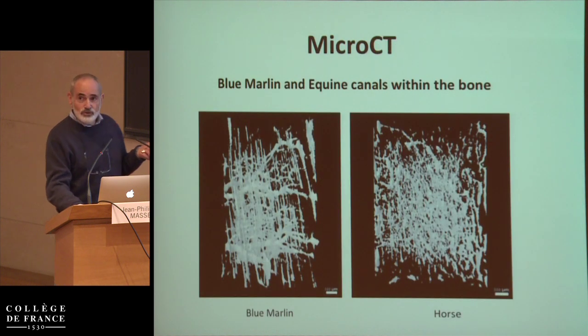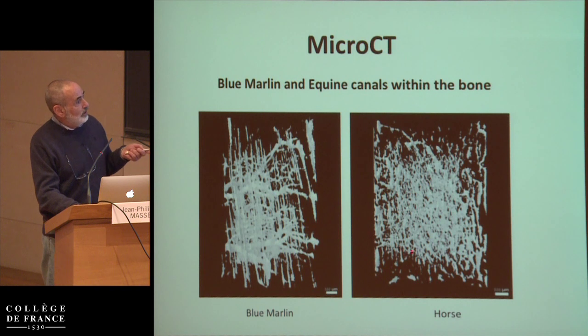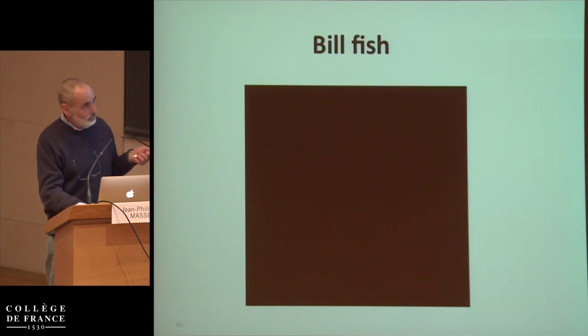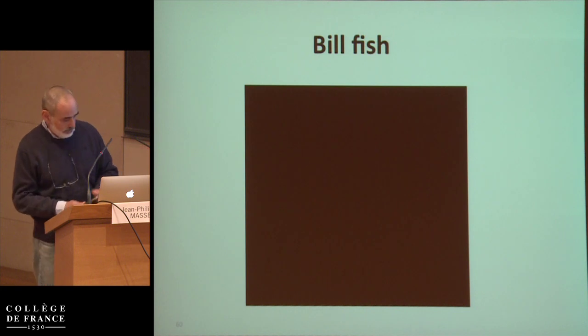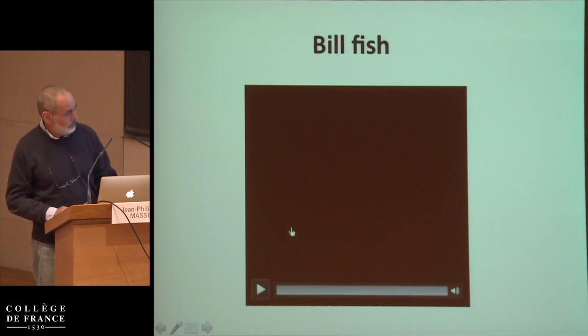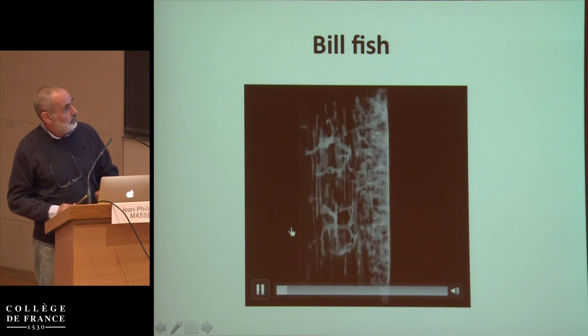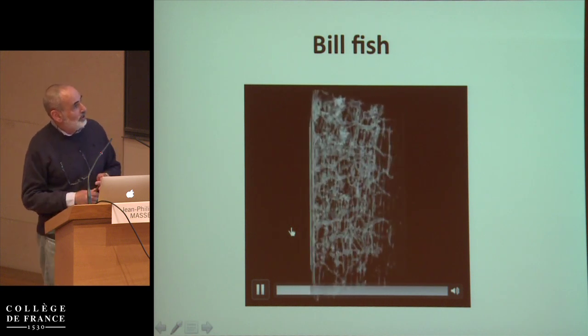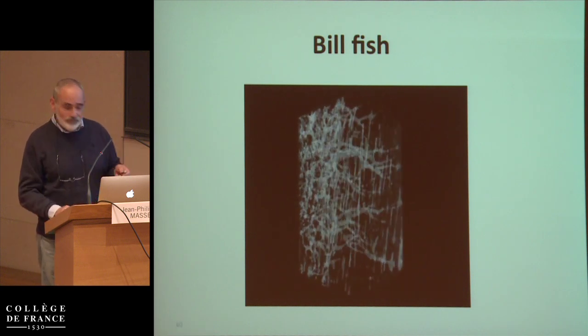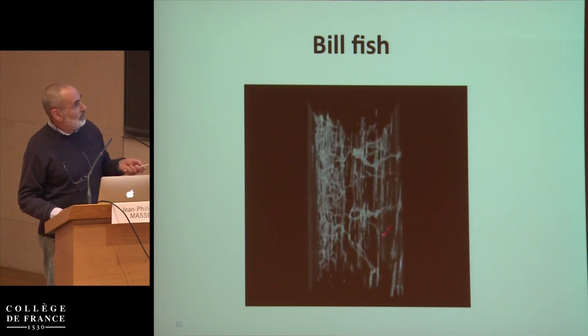And this is when we took the same cube to a micro CT, and I'm just putting a horse near a blue marlin, and even better yet, if this will work. So this is the billfish when it's segmented so that you can see the canals.